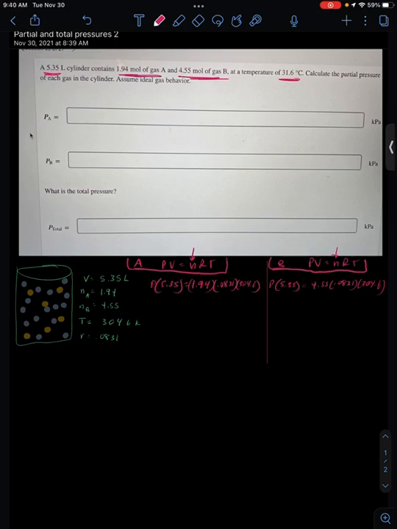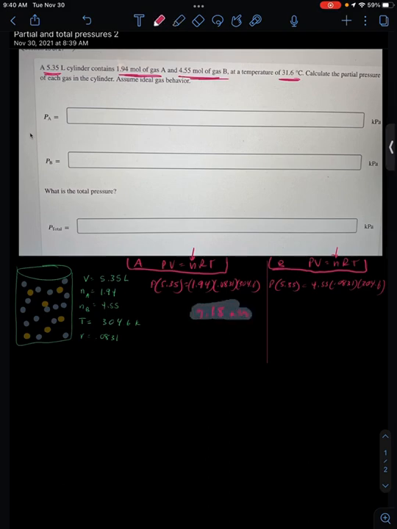So for the pressure of gas A, we would have 9.17, let's just say 9.18 atmospheres.